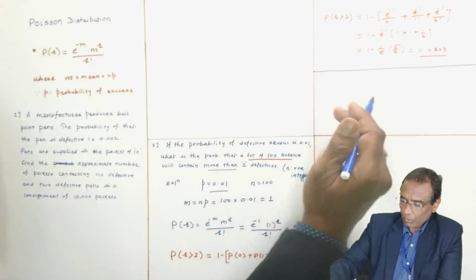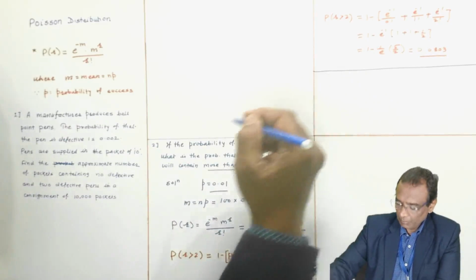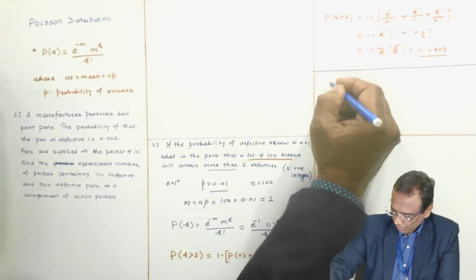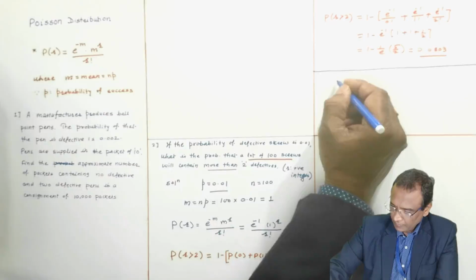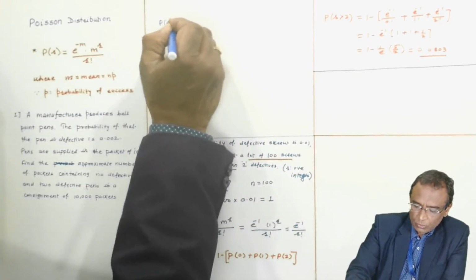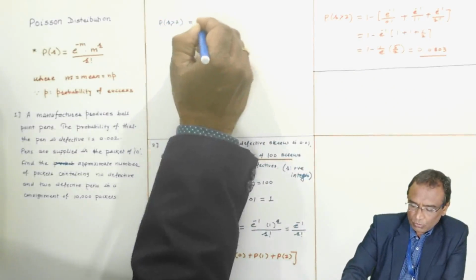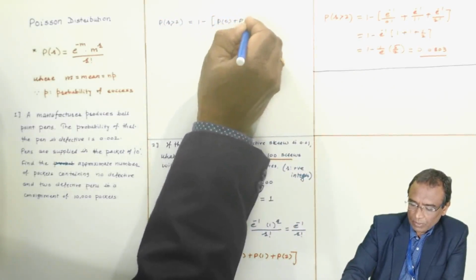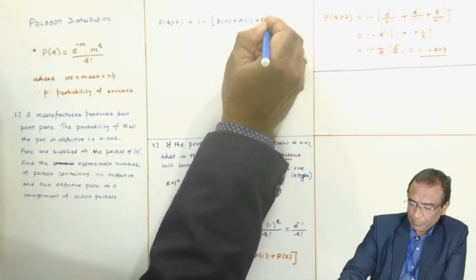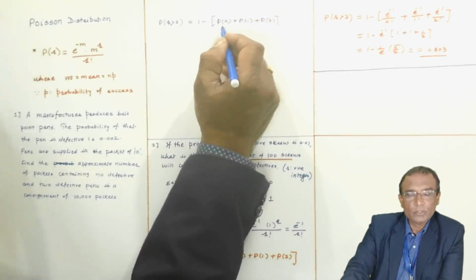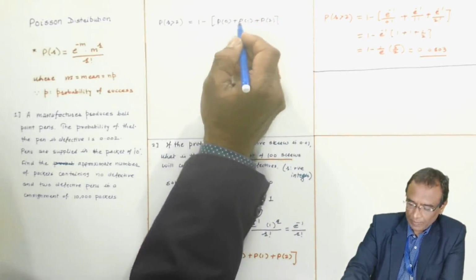If you solve this problem by binomial distribution, in short I am going to write P of r greater than 2 is 1 minus P of 0, P of 1 and P of 2. P0 is the probability of 0 defective screws in a lot of 100.